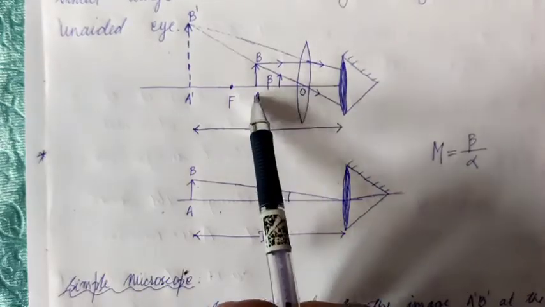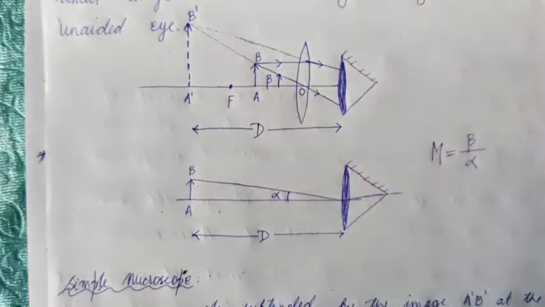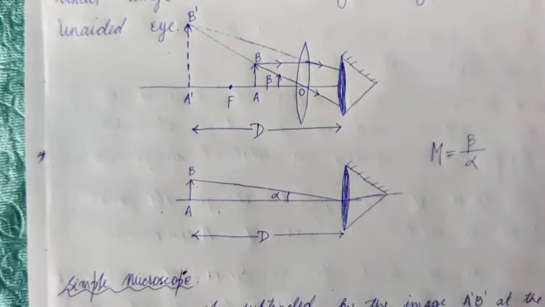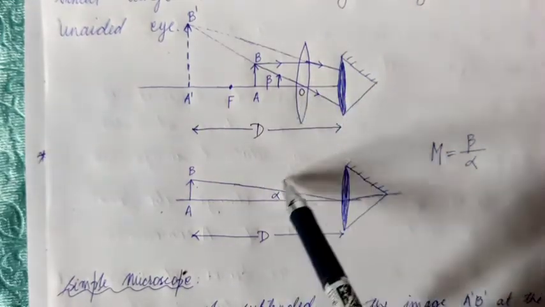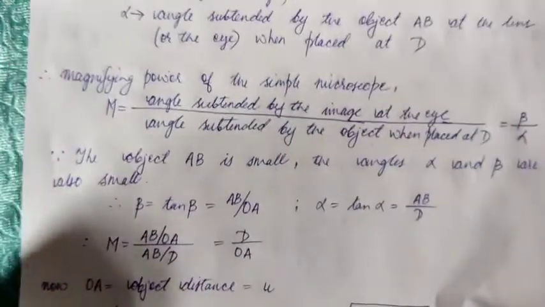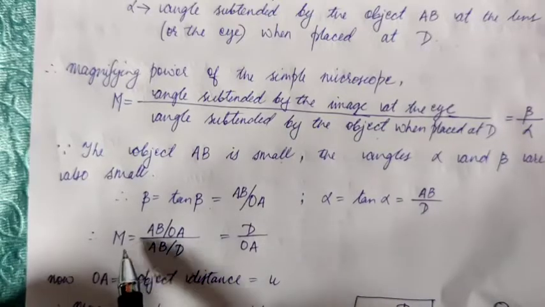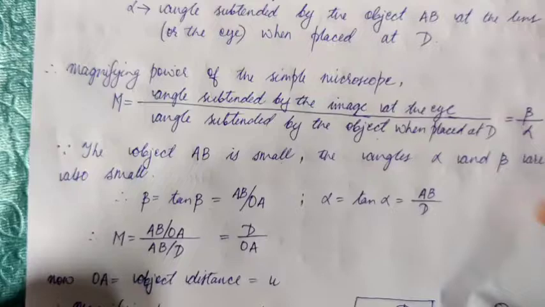As you can see in the picture, OA is the distance of the object from the lens, or also the distance of the object from the eye, since these two are very close to each other. AO is the object distance, which we generally represent by U. Therefore, the magnifying power M of the simple microscope is capital D divided by U.